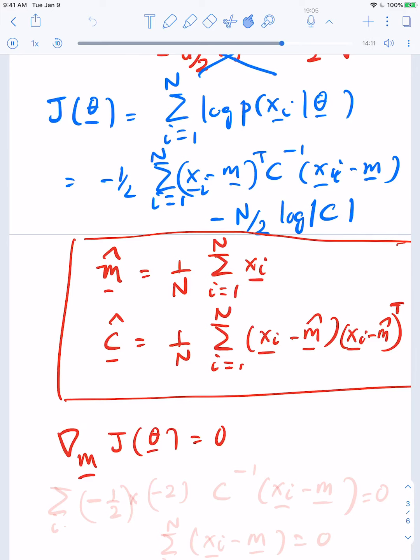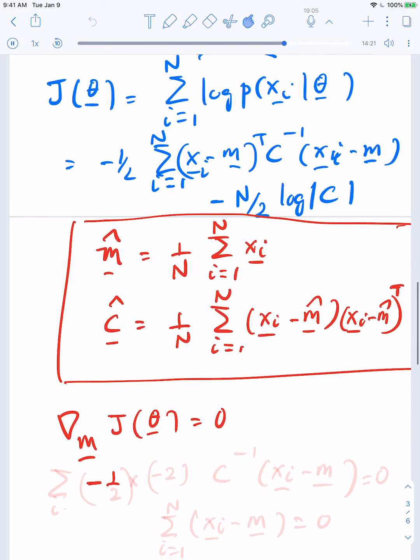I set it equal to 0, and I can see that in that cost function m appears 2 times, and with the minus sign, so I'll basically get minus half times minus 2 times, when I take out one of these m's, C inverse times the sum over i of (xi minus m), minus half times, is equal to 0.